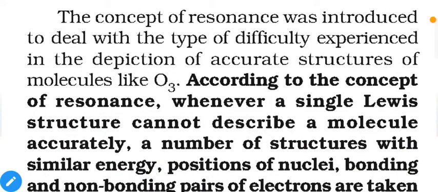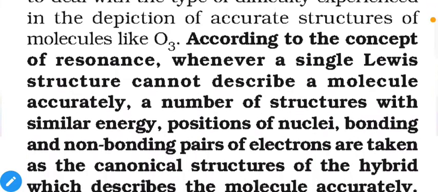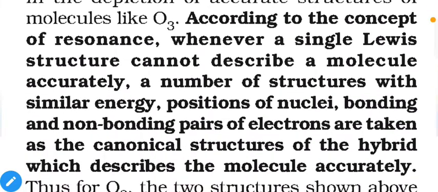That's why the concept of resonance is introduced to explain molecular structures like the O3 molecule. According to the concept of resonance, whenever a single Lewis structure cannot describe a molecule accurately, a number of structures with similar energy, positions of nuclei, and bonding and non-bonding pairs of electrons are taken as the canonical structures of the hybrid, which describes the molecule accurately.